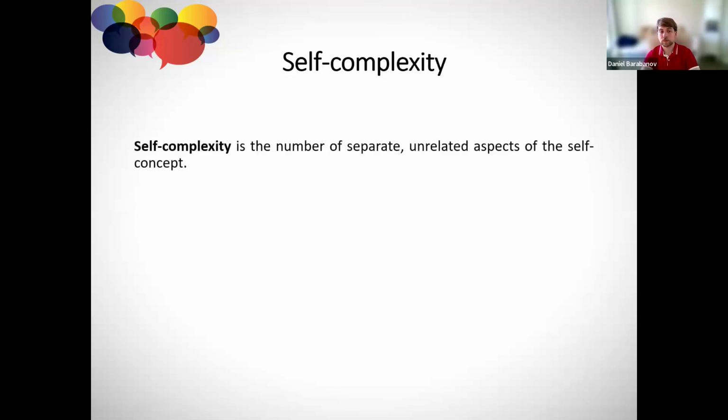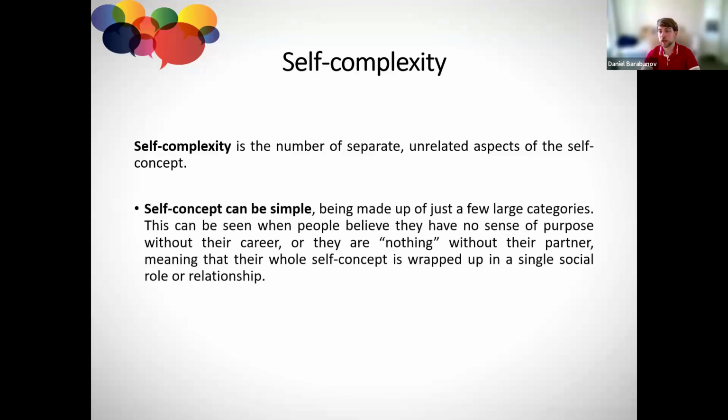So all self-concepts have different level of self-complexity. It's the number of separated, unrelated aspects of the self-concept. So when you think about yourself, how many different, separate characteristics you consider at the same time. Self-concept in this sense can be simple, being made up of just few large categories.